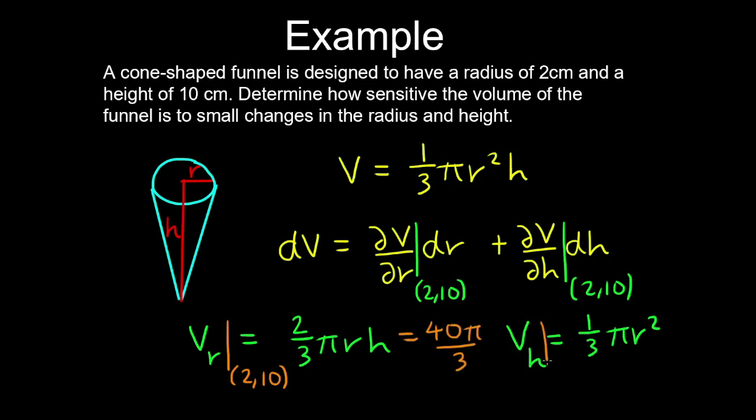And similarly, evaluating this partial derivative at 2 and 10 gives 4 pi on 3. So therefore, an incremental change in the radius causes 10 times the change in the volume of the cone than an incremental change in the height. Which makes sense, given the radius is a smaller dimension.